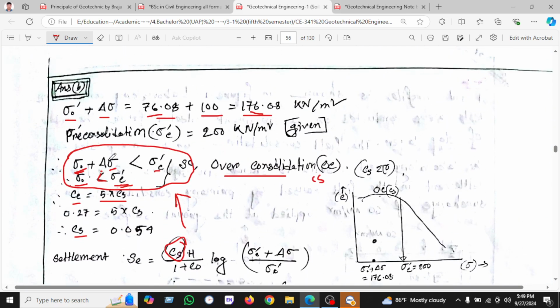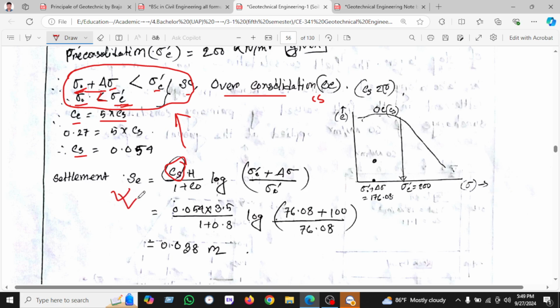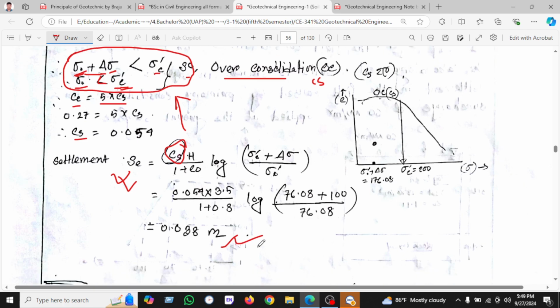If we add the 100 to 76.6, we get 176.6, which is also less than 200. So both conditions are satisfied for using this settlement formula. We use Cs into H over 1 plus e naught, log of sigma naught plus delta sigma over sigma naught, and in this way we found the settlement, 0.038 meter.